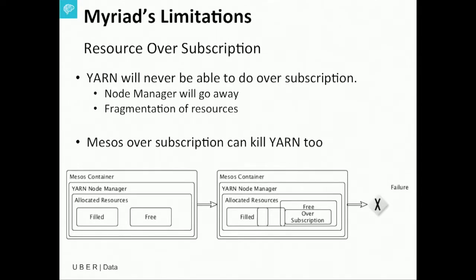It actually kills the Yarn Node Manager container, which means you lose all the tasks running on that Node Manager, hampering the SLAs. Similarly, you can't do Mesos oversubscription because Yarn will not let you do that, because it has already allocated all those resources, and it will go and kill the Node Managers too. So the utilization piece is also not good there.